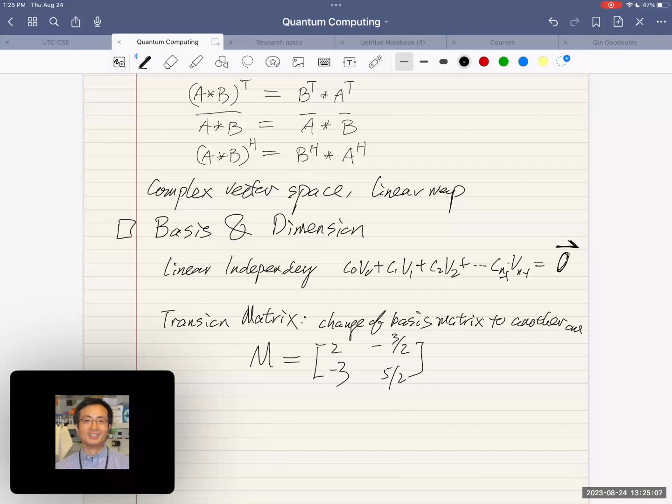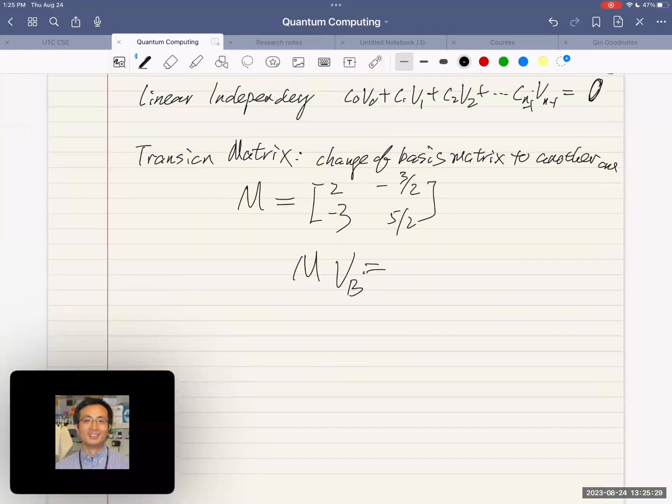It had a vector B, 2, 3, and then it goes to another base vector, minus 4, 3.